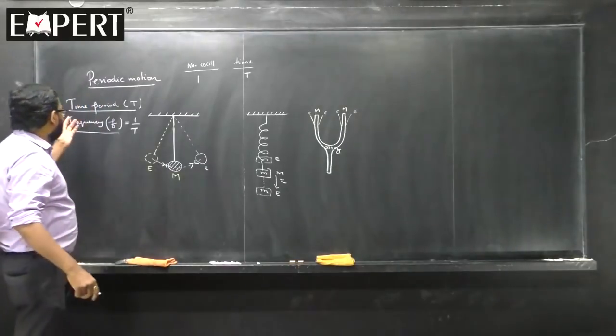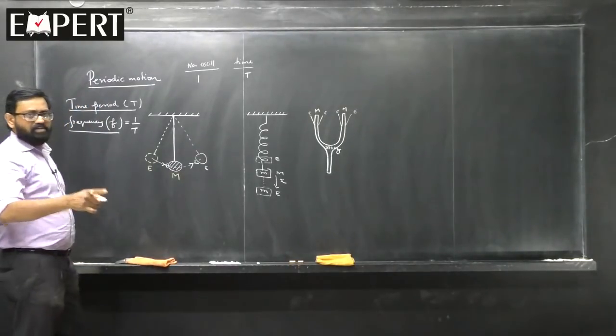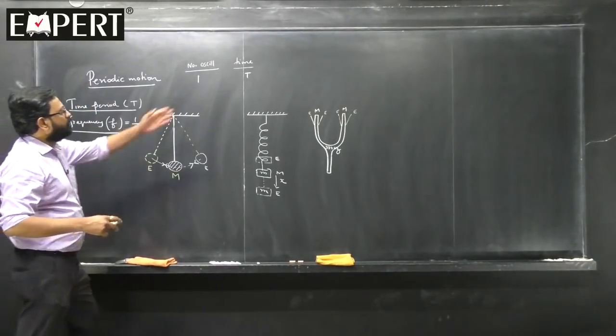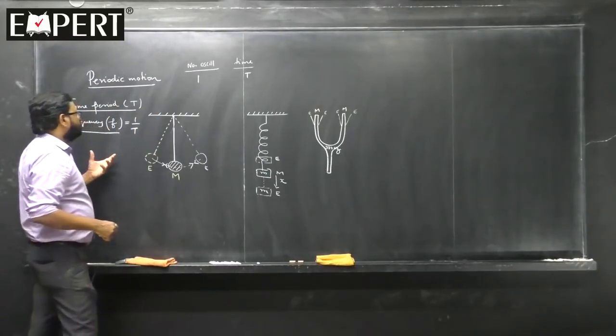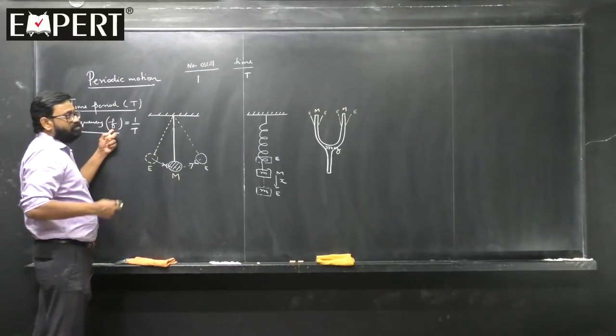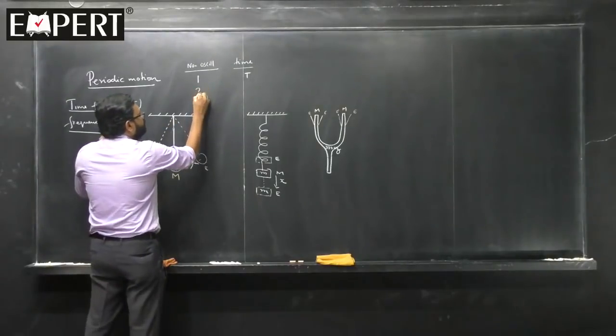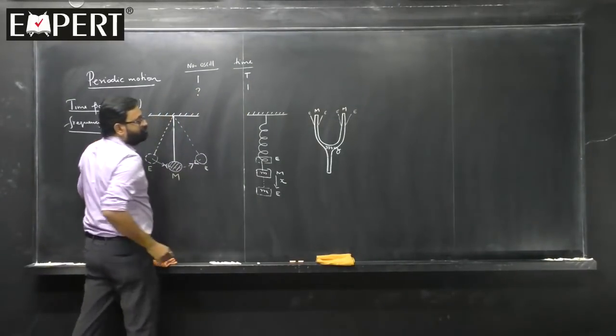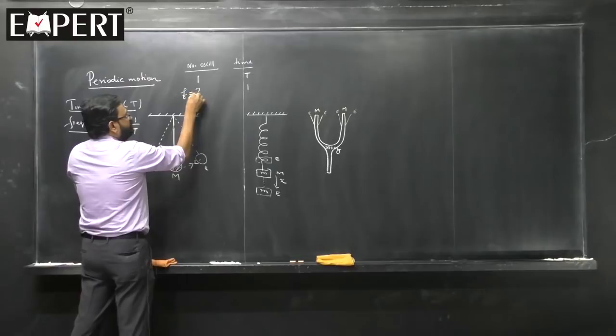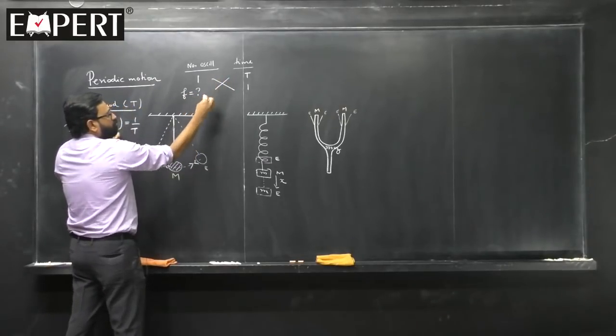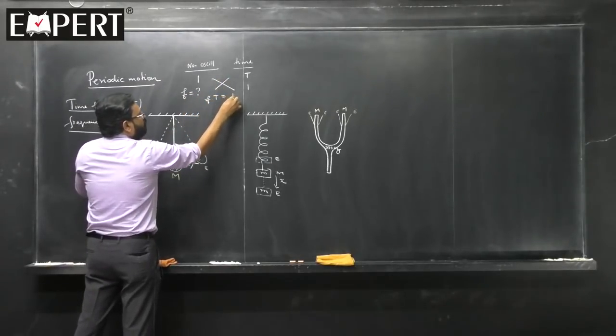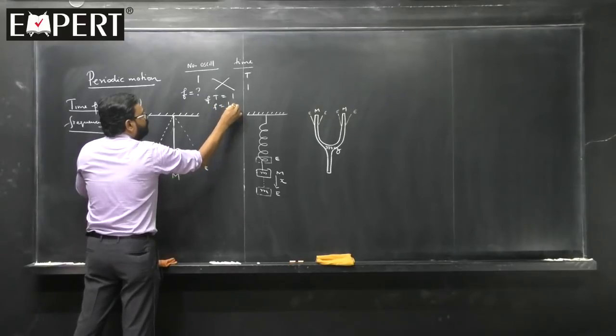That is the definition of time period. I would like to know the frequency of oscillation, which means the number of oscillations completed in 1 second. This is called the frequency of oscillation. Cross multiply, you will get this relation: F into T is equal to 1, or F is equal to 1 by T. This is the relation.